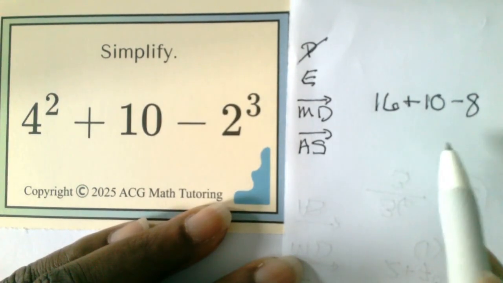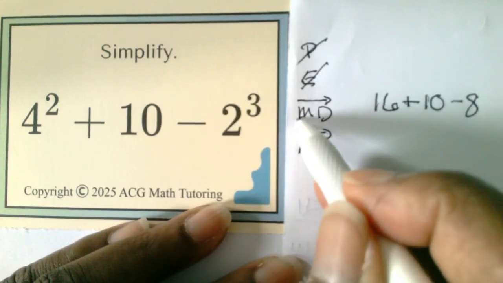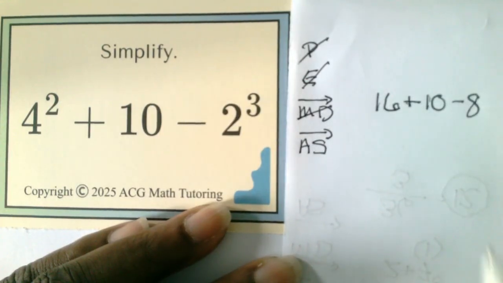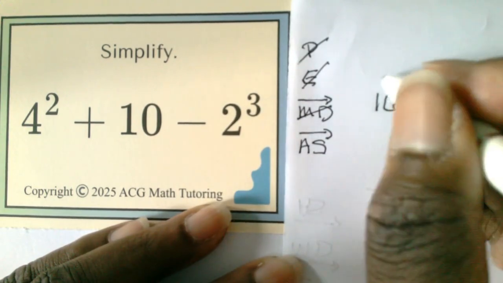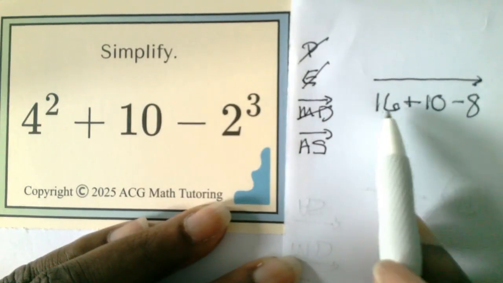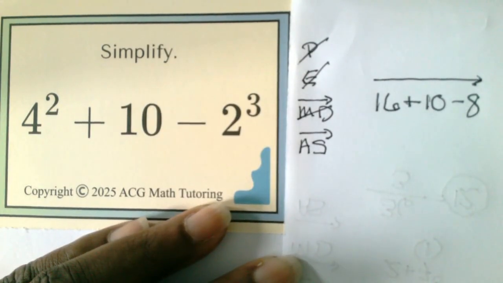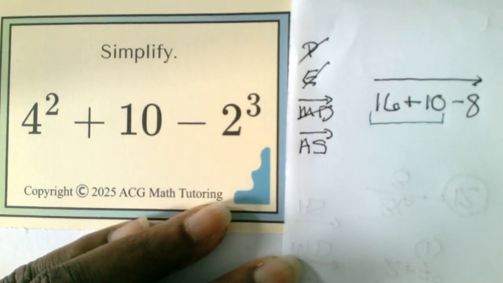Alright, so now that's done. We don't have any multiplication or division, so we don't have to worry about that, but we do have addition or subtraction, and we have to go from left to right. So that means we're going to first attack this 16 plus 10.